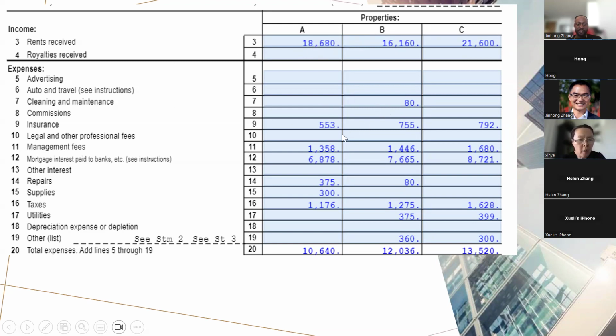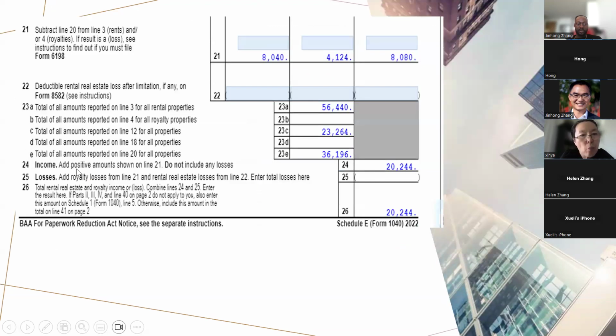They have some expenses, insurance, management fees, but the depreciation section is blank. So they did not take the depreciation. Their total income is 20,244, so they're going to pay tax on that additional money. They're missing out on the depreciation expense that they're entitled to.